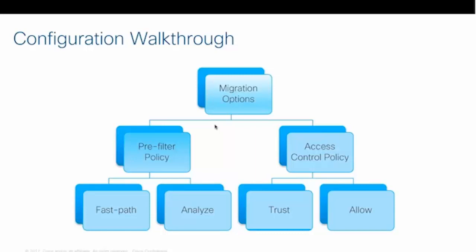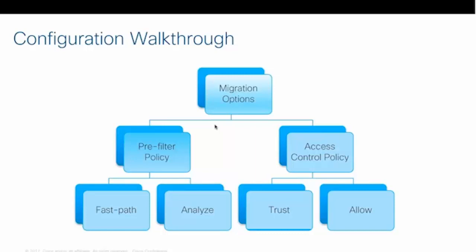And also if we want to inspect any tunnel traffic, we can specify that under pre-filter policy. Pre-filter policy is basically a light-weight inspection because it will only look into the outer header of the traffic for taking actions. There are two actions that we can configure for the pre-filter policy under the migration options, that are either fastpath or analyze.